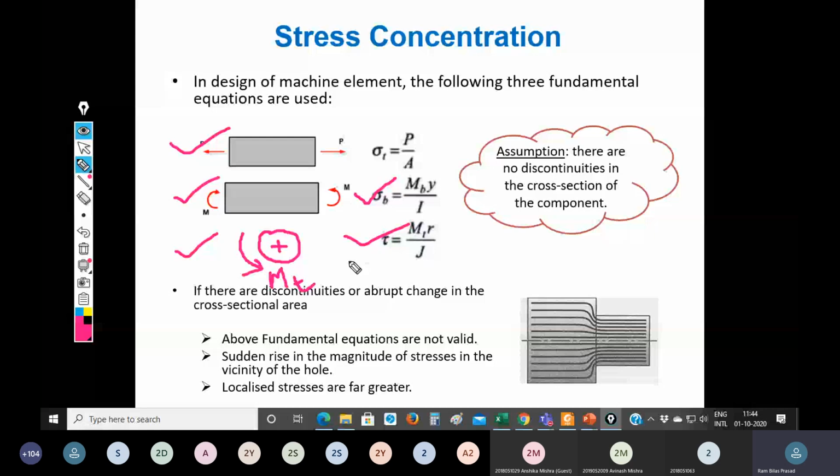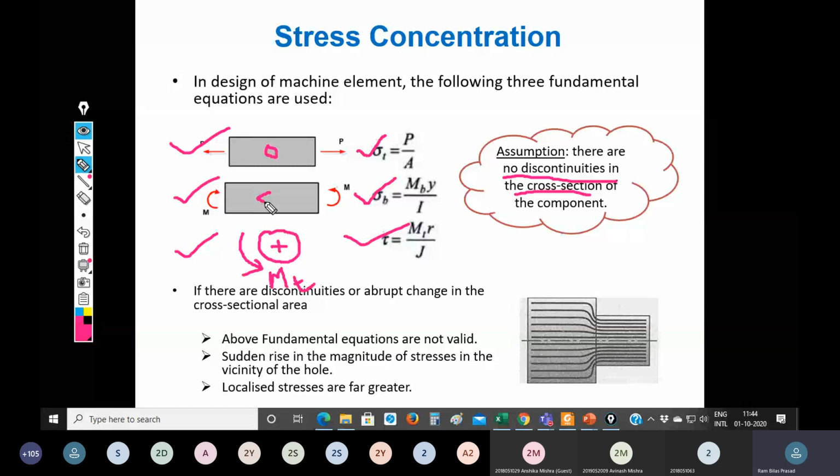The assumption is that there are no discontinuities in the cross section of the component. These formulas are applicable only when there are no discontinuities in the cross section. Then you can use this formula, right? Suppose there is a hole or any kind of discontinuity here.